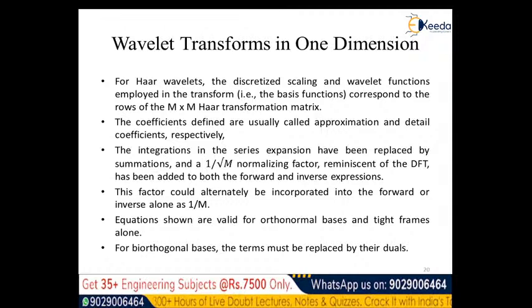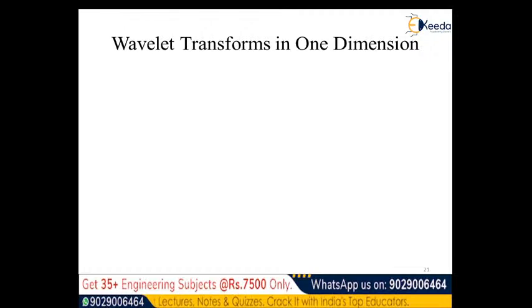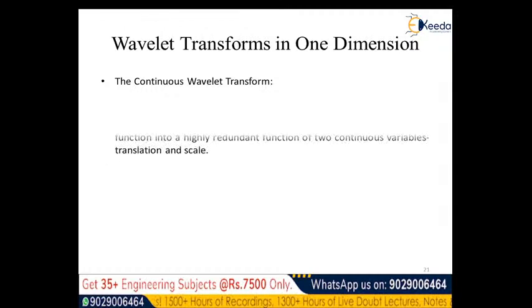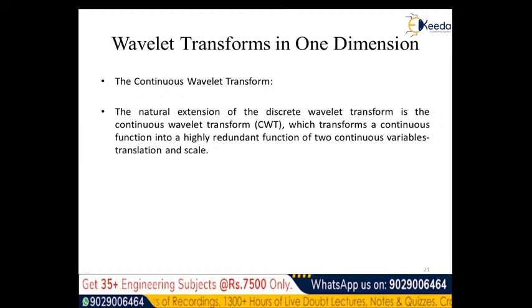Now, after a discussion on the wavelet series expansion and the discrete domain wavelet transformation, we should also have a brief review of the continuous domain wavelet transformation. As we are dealing right now with the discrete domain, the continuous wavelet transformation is basically the natural extension of what we have been dealing with, the discrete wavelet transformation.